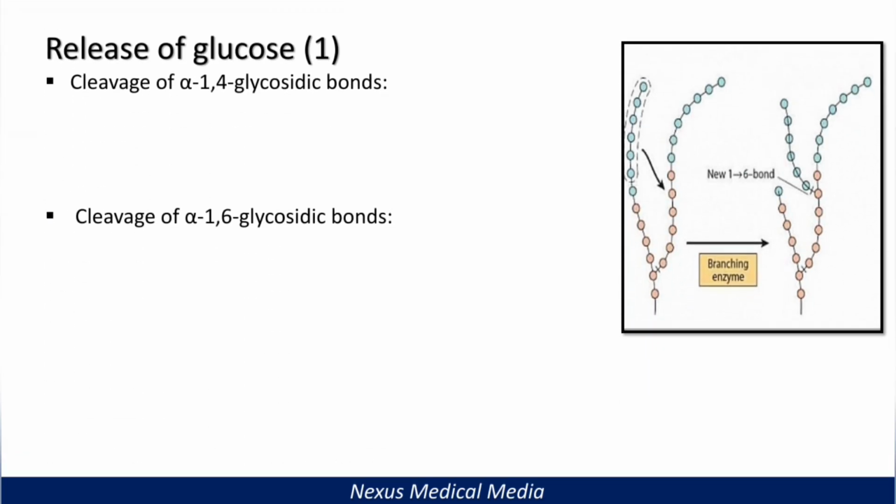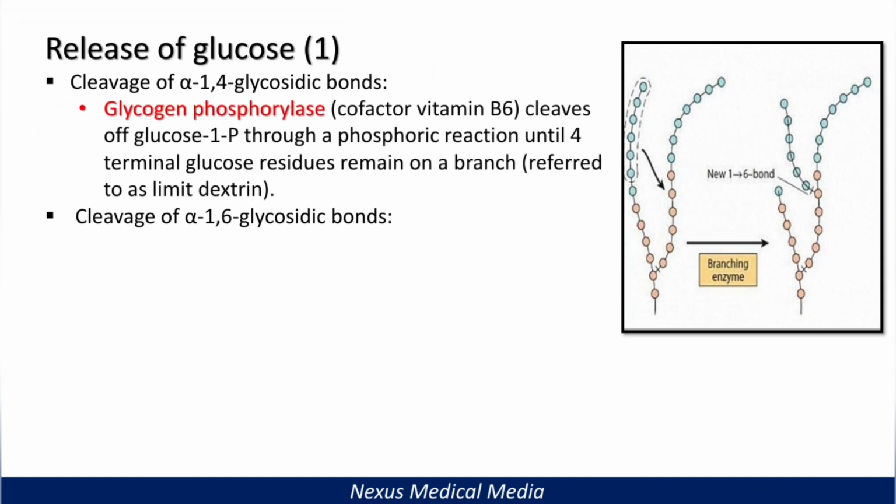So the first step is cleavage of 1,4 glycosidic bonds, right? And this one is done by glycogen phosphorylase, right? A cofactor of this glycogen phosphorylase is vitamin B6 or pyridoxine. It cleaves off glucose 1-phosphate through a phosphorolytic reaction until 4 terminal glucose residues remain on a branch, and this is referred to as limit dextrin, right?